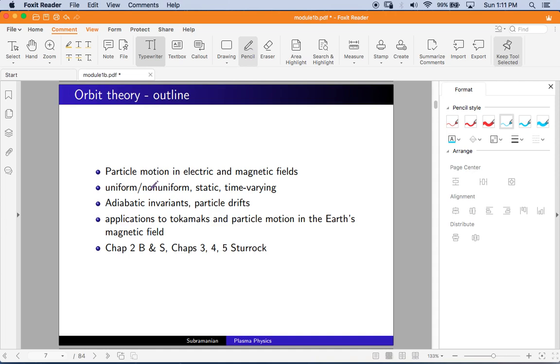In other words, is there a d over dx of B? Is there any non-uniformity? And is there a d over dt? That would mean static and then time varying.